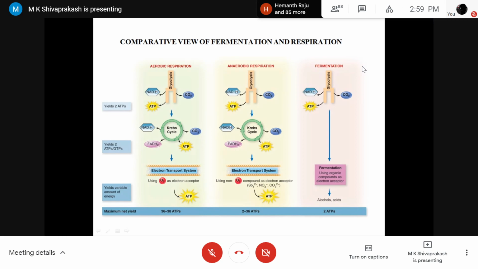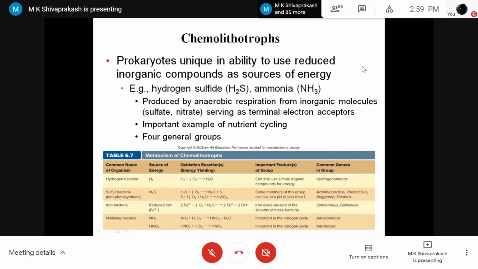Thus they can survive better, though they derive minimum energy compared to organisms which follow aerobic respiration. Aerobic organisms derive more energy, up to 38 ATP molecules.